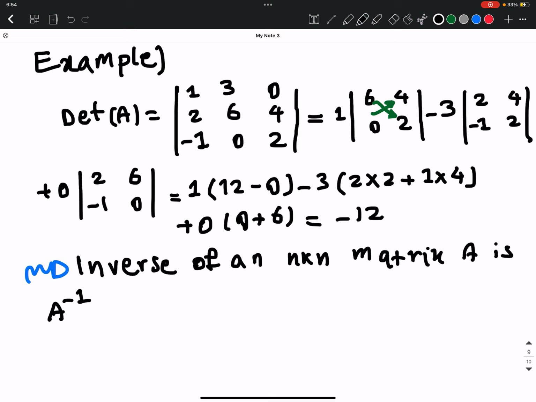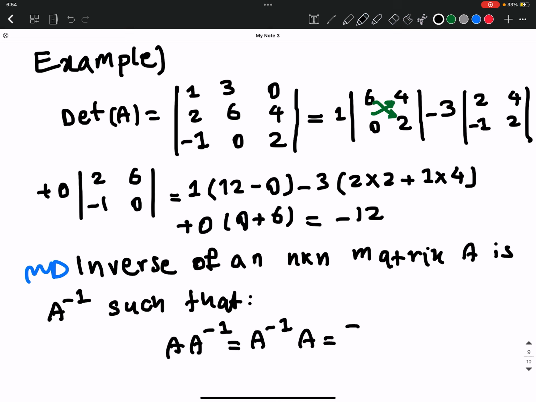We define it such that A times A inverse gives us the identity matrix, or equals A inverse times A, which equals the identity matrix. So the inverse of a matrix is that when you multiply it by that matrix, we get the identity matrix. Okay, so this is the definition of the inverse matrix.